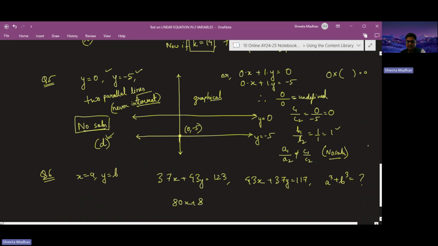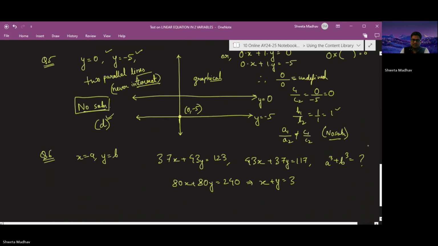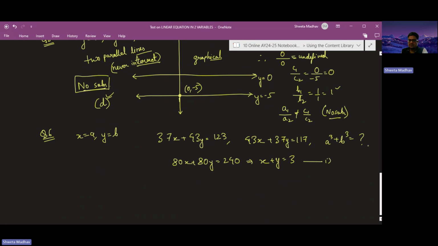80x plus 80y. That will be equal to 123 plus 117. So 120 plus 120, that is 240. So it means x plus y will be equal to 3. So this is our equation 1.